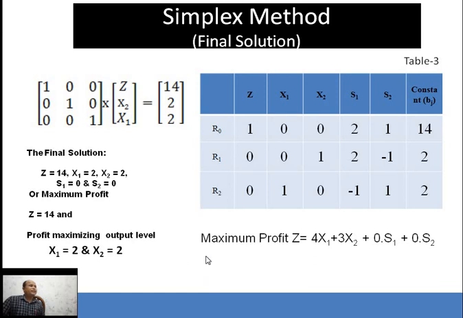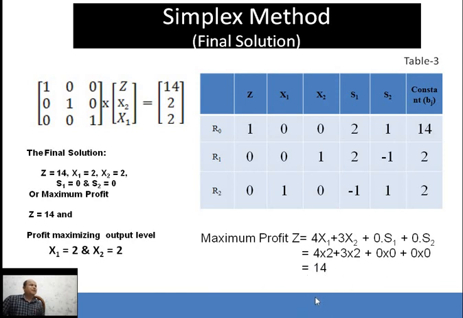This is the objective function: Z is equal to 4x1 plus 3x2 plus 0 multiplied by s1 plus 0 multiplied by s2. Put the values of x1, x2, s1 and s2, that is, x1 is 2, x2 is 2, s1 is 0, s2 is 0. So ultimately we get the value 14.